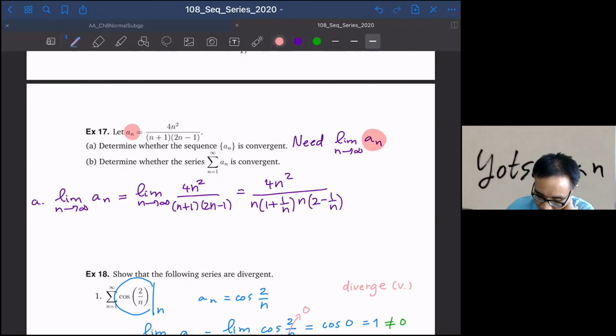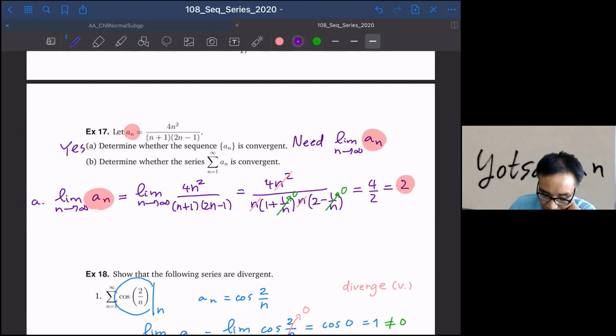You can get rid of these, and as n goes to infinity, 1 over n approaches 0. This gives you 4 over 2 equal to 2. So the conclusion is that, yes, it is convergent, and the limit is equal to 2.